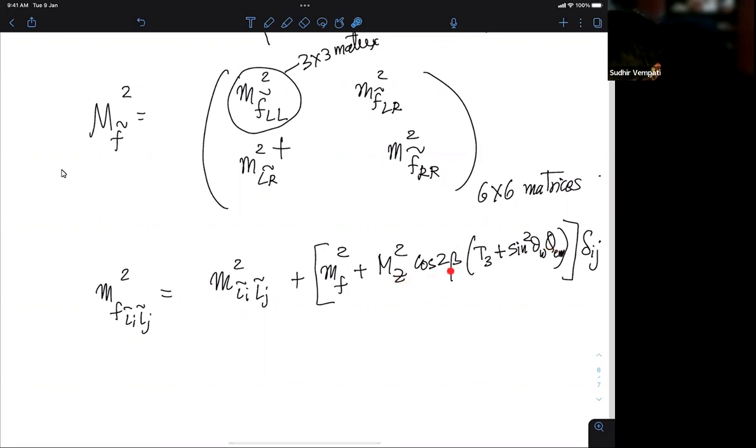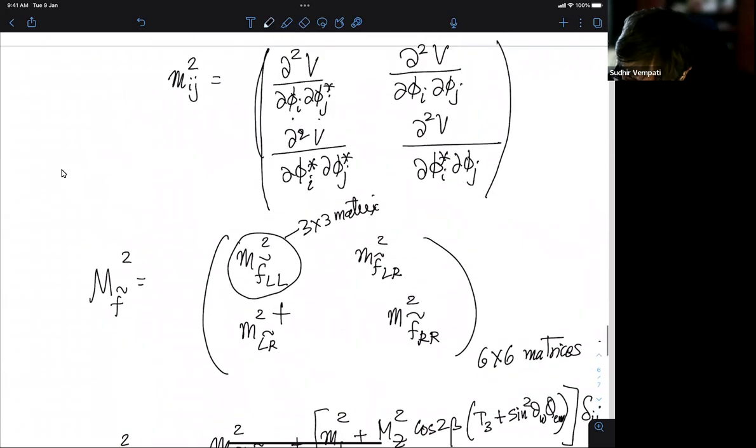Mz square cos 2 beta, and this is nothing but the D term essentially, G square plus G prime square, okay? So this is nothing but Mz square cos 2 beta comes just from this one. The D term, okay, I'll write it down somewhere here.